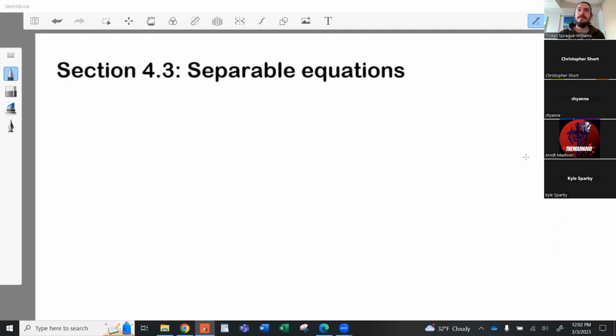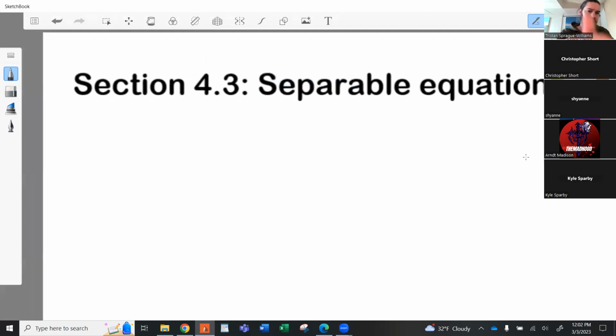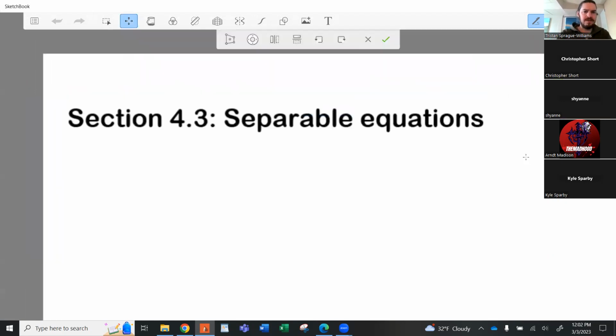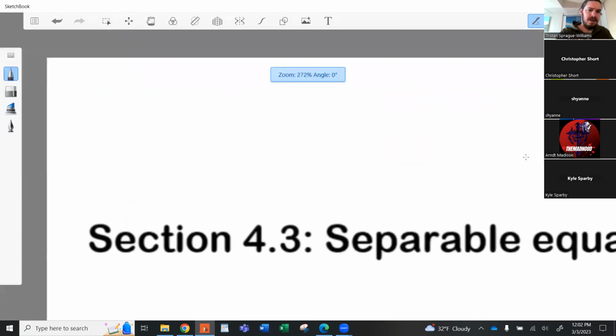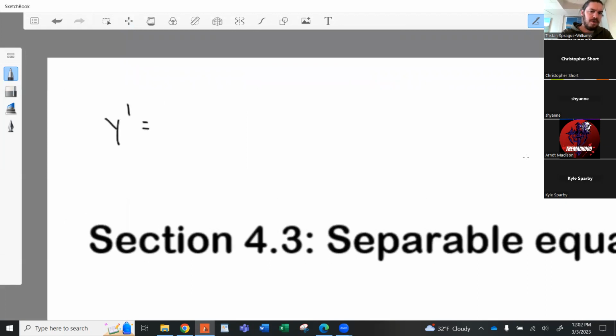So today, we are going to discuss how to actually find the general solution of a differential equation. The easiest types are where you just have the derivative of y equals some function of x.